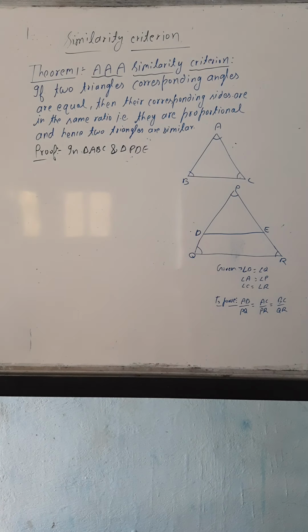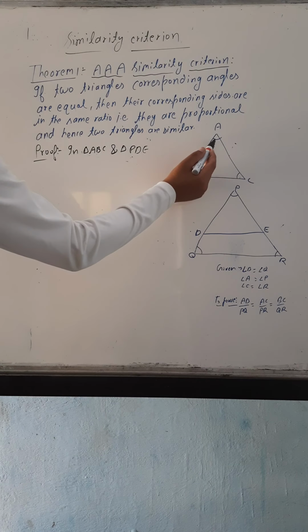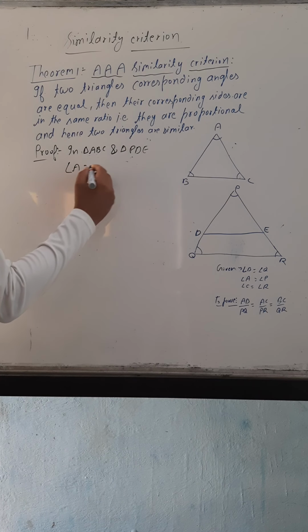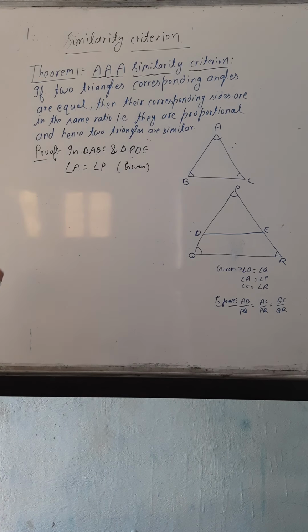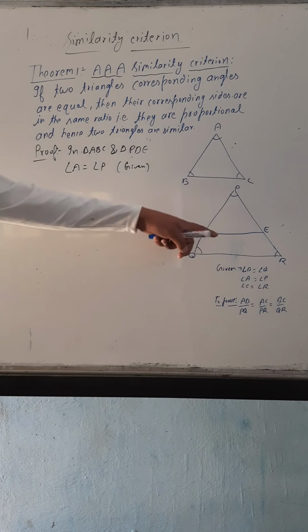If you are taking these two triangles, you can see angle A is equal to angle P, that has been given right here. Very good. AB is equal to PD, that we have by construction.